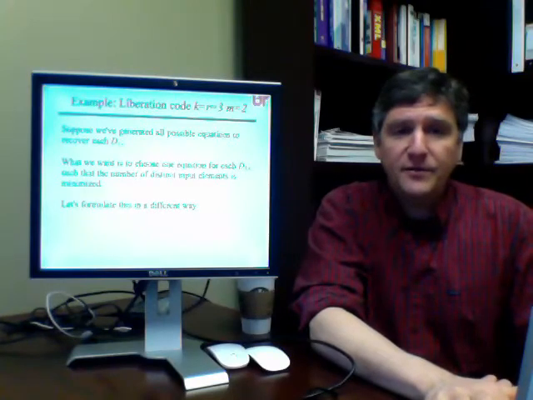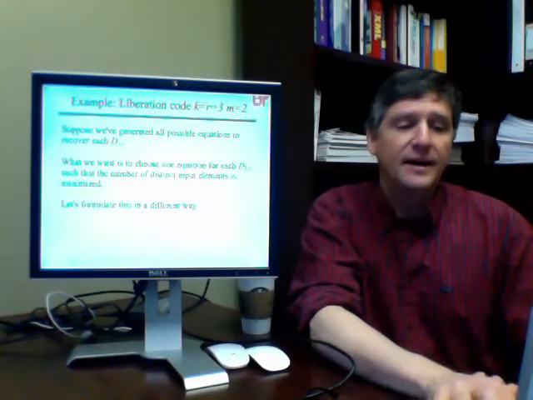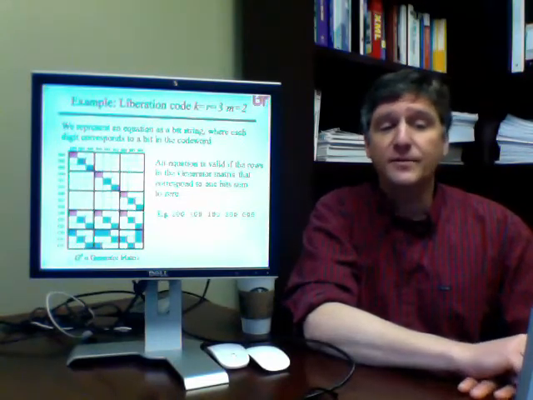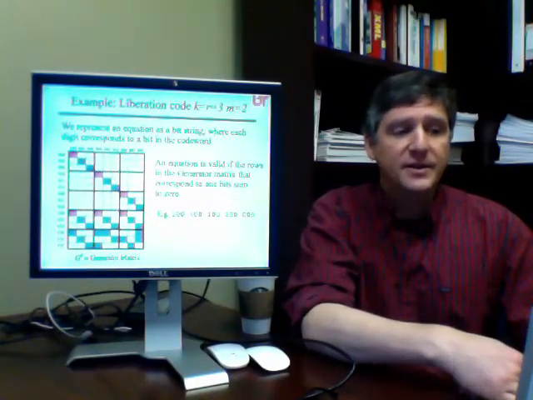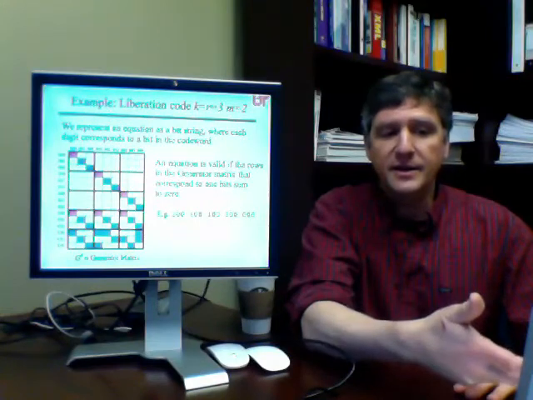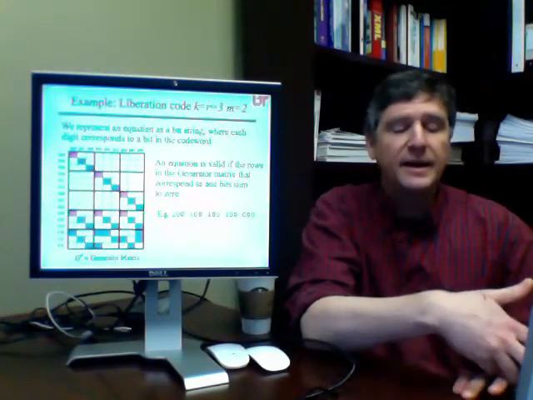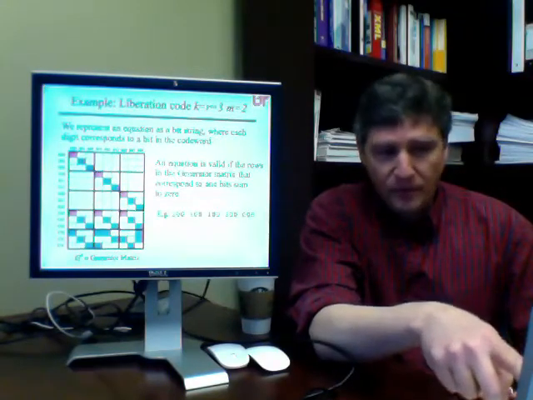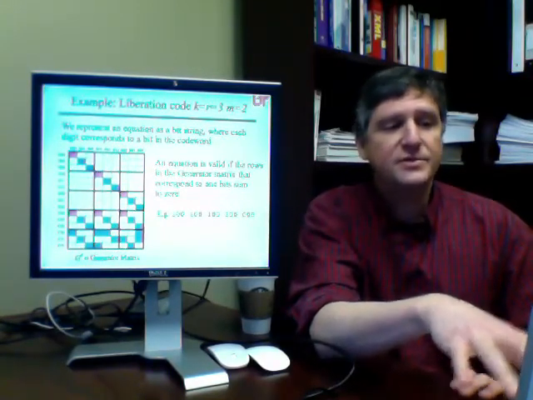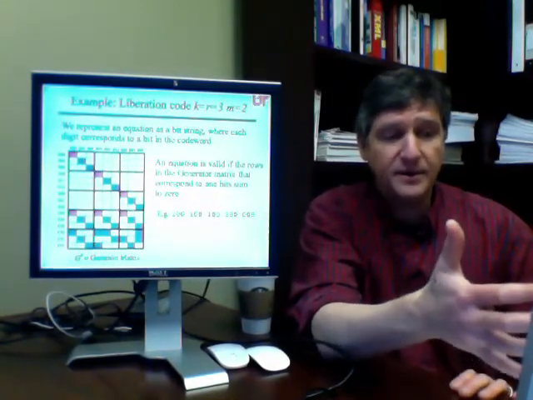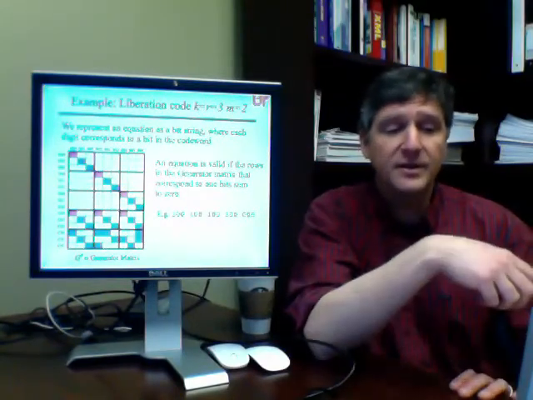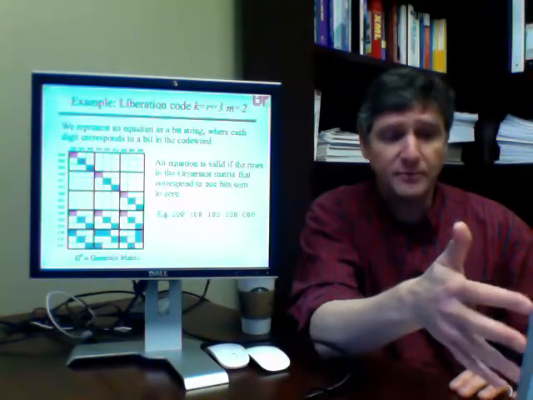Now, I'm going to formulate this in a different way, because this is basically how you hack it up. I'm going to represent a decoding equation by a bit string. The number of elements in the string, n, is the number of rows of the generator matrix, which is the number of bits there are.